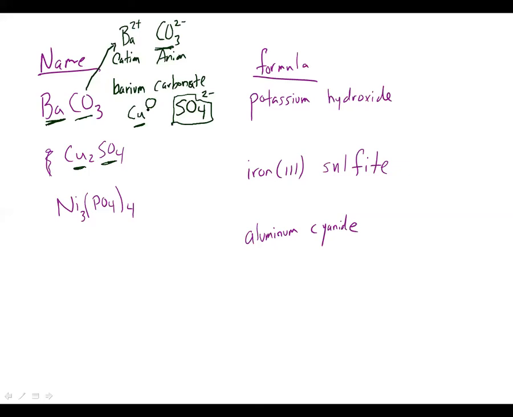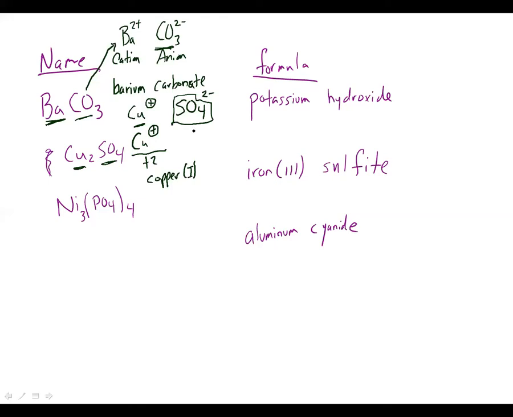But in this case, we don't have just one copper. We have two coppers. So to balance it out, each copper is going to be +1, which will give us a +2 overall. That means this name would be copper, Roman numeral 1, turned into a parenthesis.